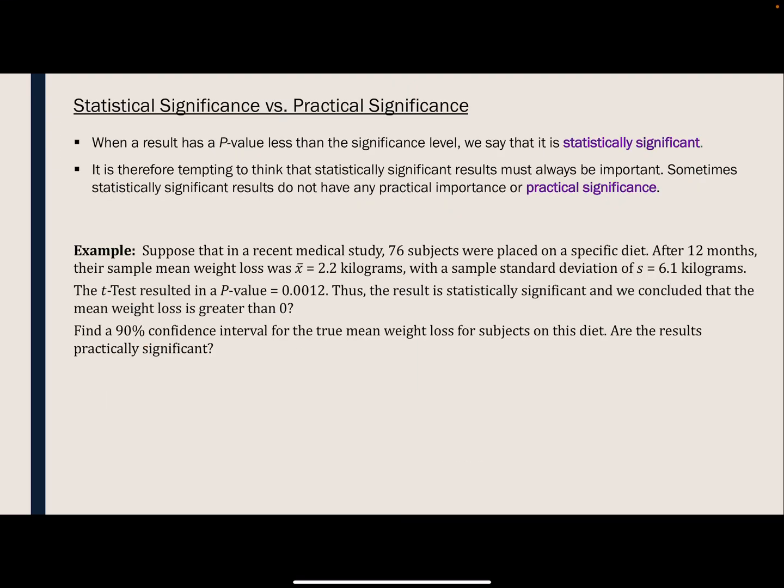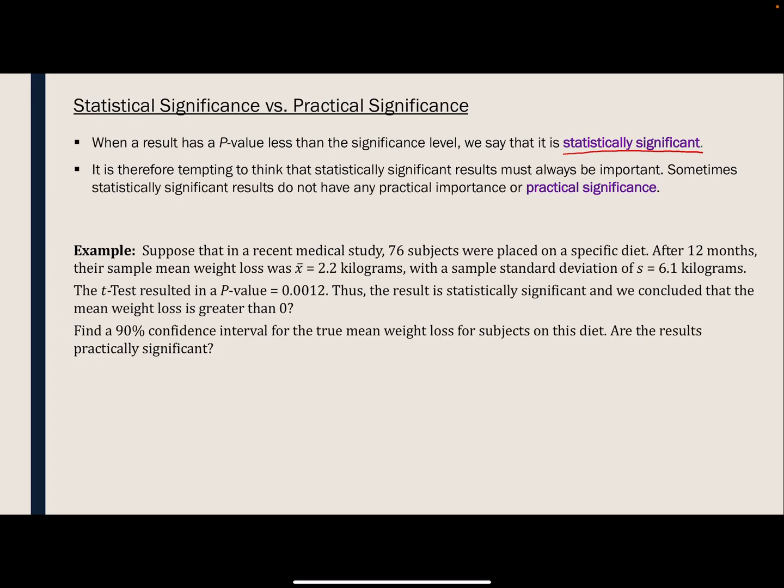So we want to look at the meaning of statistically significant versus practically significant. And a few slides back, I had the term statistically significant, and it said that if the p-value is less than the significance level and we reject the null hypothesis, then our results are considered statistically significant.